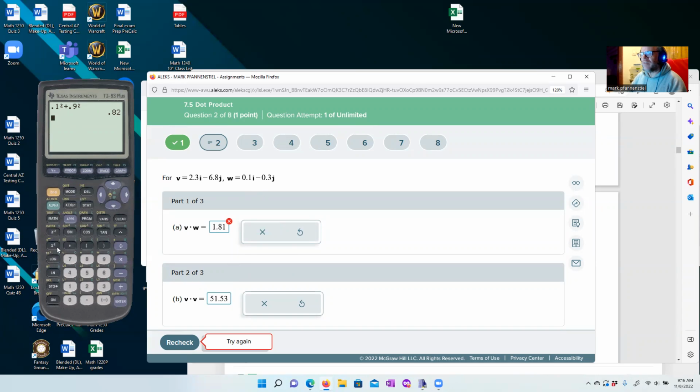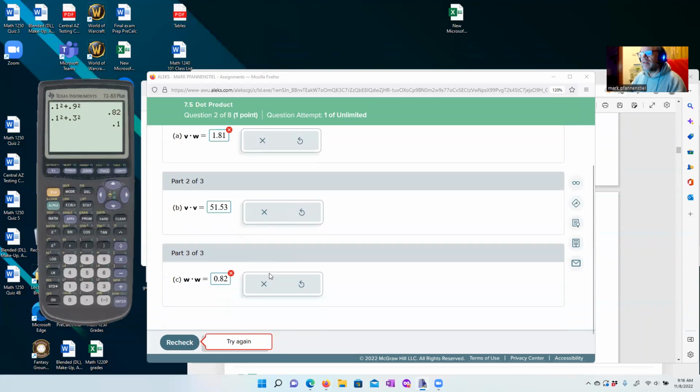I wrote down the wrong ones. So 0.1 squared plus 0.3 squared, because it's going to be 0.09 plus 0.01, which is 0.1. That makes more sense. So that's 0.1.